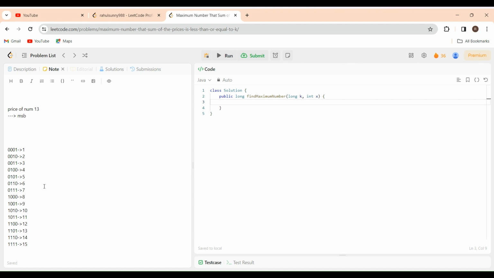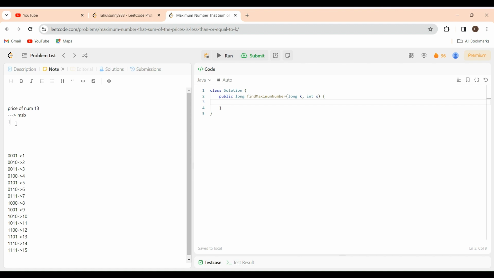Now the bit representations are in this way. For example, I will consider only four bits here: 1, 2, 4 and 8. We will represent 13 in binary form.